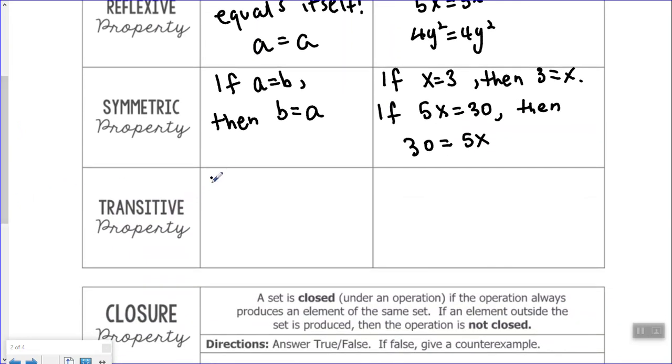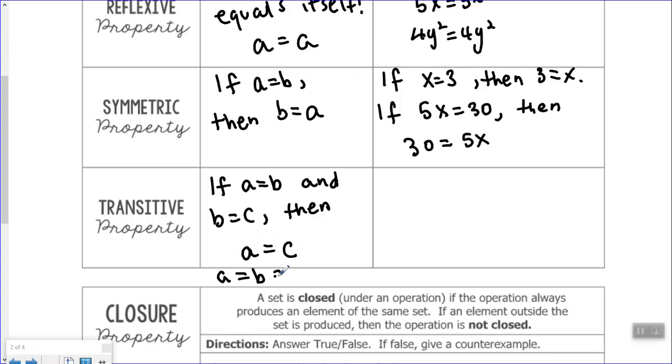Transitive property, if a equals b, and b equals c, then a equals c. So you can think of kind of a equals b, then b equals c, then a equals c, right?